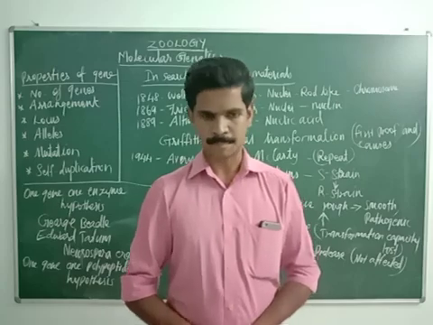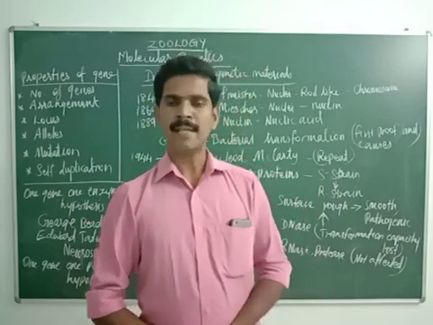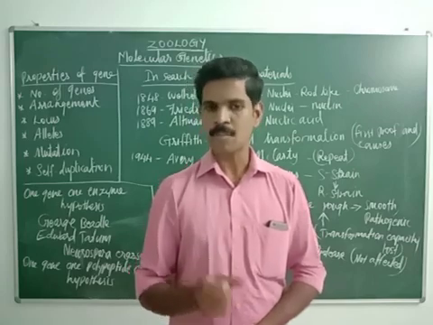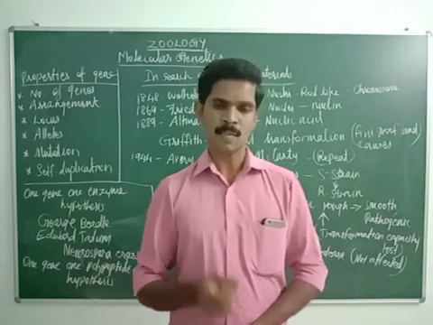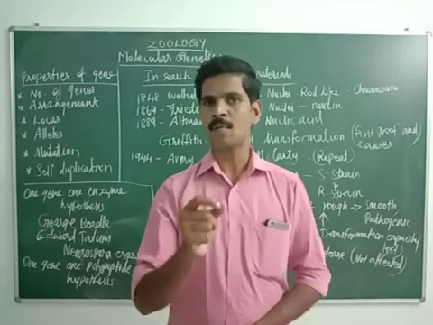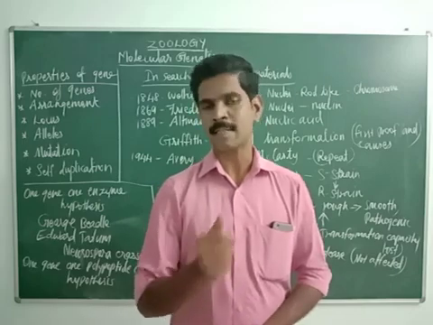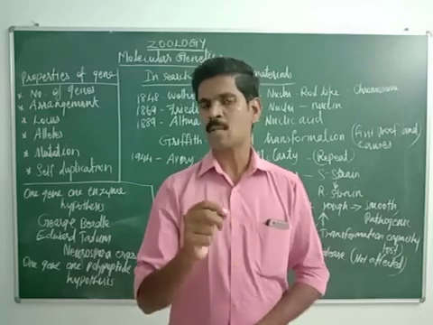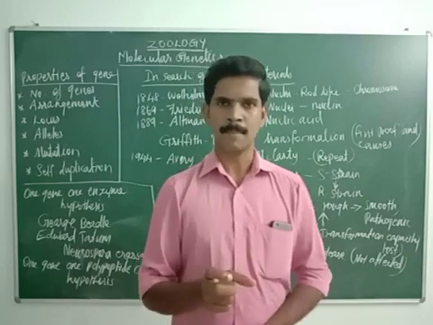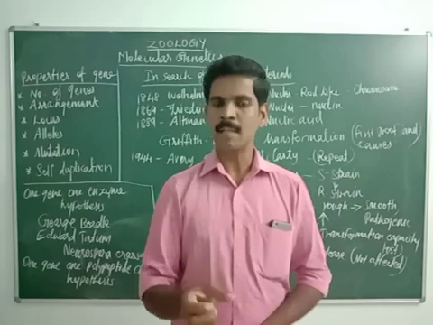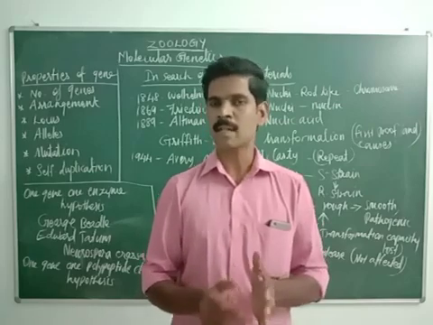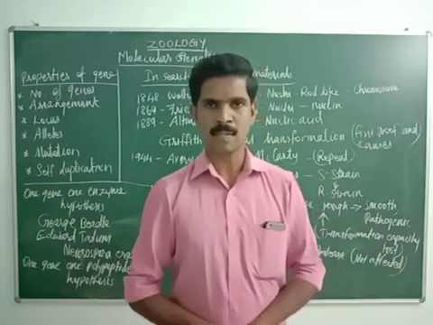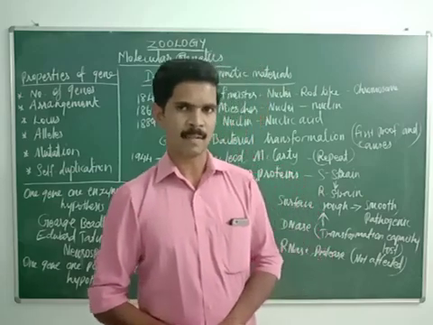Understand? Then in the year 1909, another scientist, Wilhelm Johannsen, first gave the name gene. Gregor Mendel used the word factor, then Wilhelm Johannsen first replaced this word with the word gene.